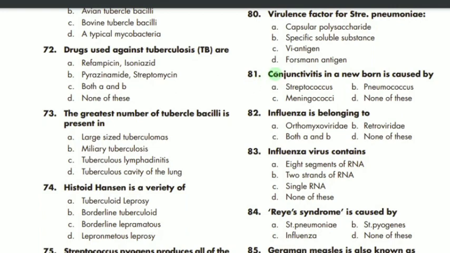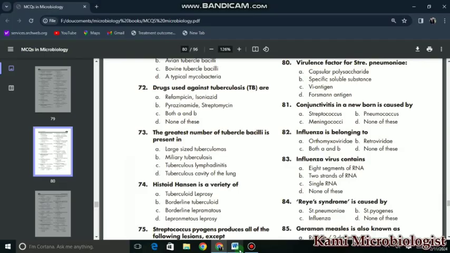Now MCQ 81 says that conjunctivitis in a newborn is caused by streptococcus. A is the correct option. 82, influenza belongs to Orthomyxoviridae. A is the correct option. 83, influenza virus contains 2 strands of RNA.